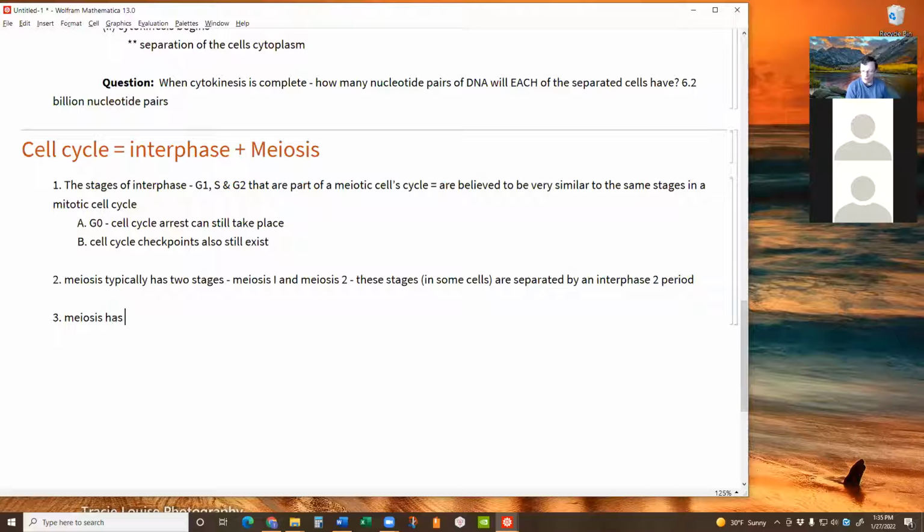Meiosis has two stages, and as we've said, at the end of the second stage, you will basically have 4 cells that are now haploid, keeping with the idea that we're talking about a human cell in the human body.